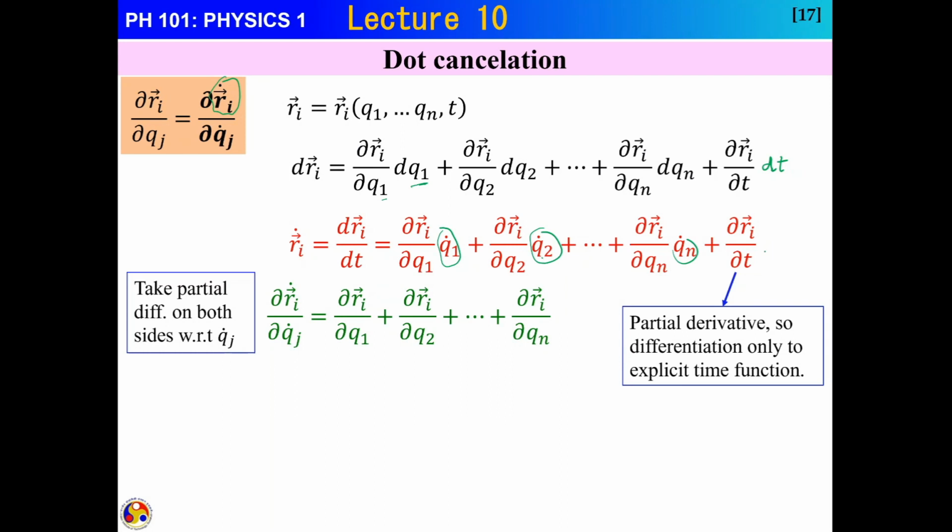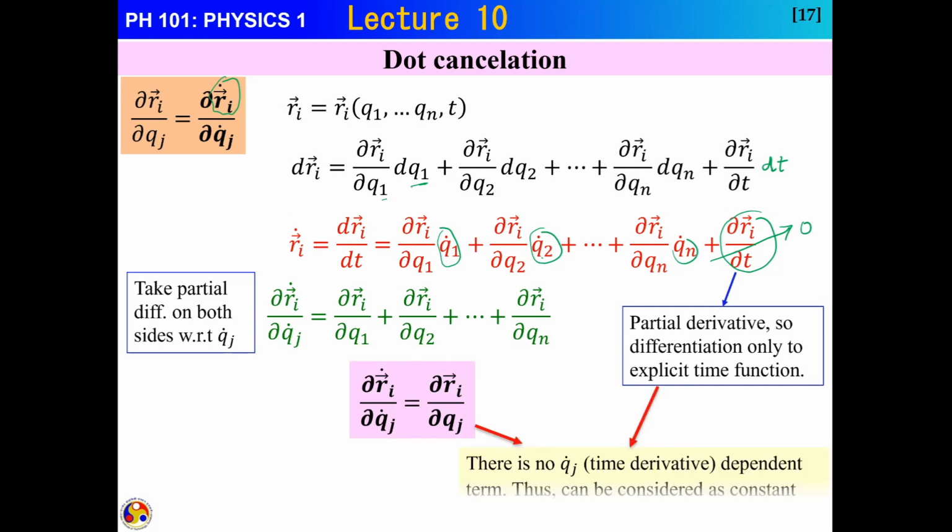But there is no q dot here. So this term, taking a derivative with respect to q dot, will eventually turn out to be 0. So what is this form? That form is the same as the partial derivative of Ri with respect to qi. So that's how the dot cancellation can be brought in by taking the partial derivative.